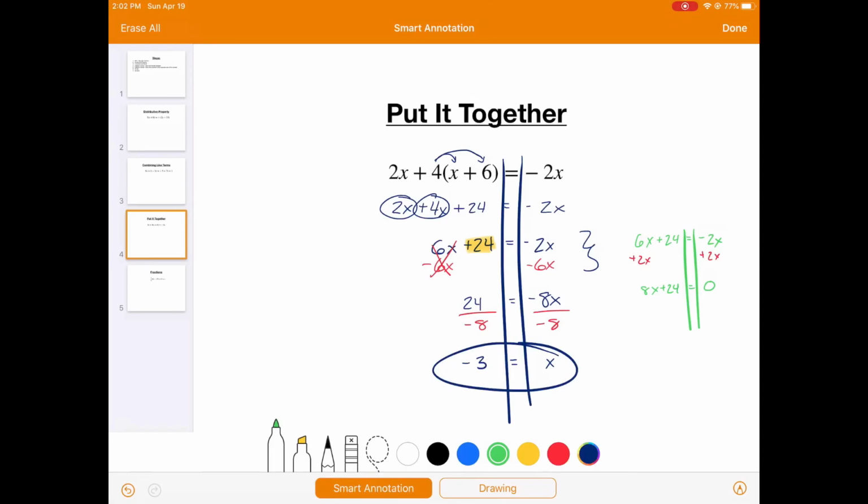And then I would move my constant to the other side, so I'd subtract it, and then I have 8x is equal to negative 24, divide both sides by 8, and x is equal to negative 3. So I still would have gotten the same answer, it just was a couple extra steps, but it's up to you which one you want to do.